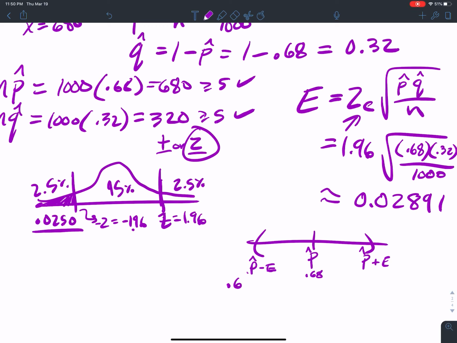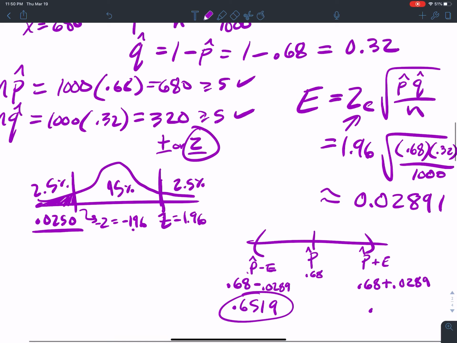So I have 0.68 minus 0.0289, and then 0.68 plus 0.0289, and I get 0.6519 over here, and 0.7089 over here.